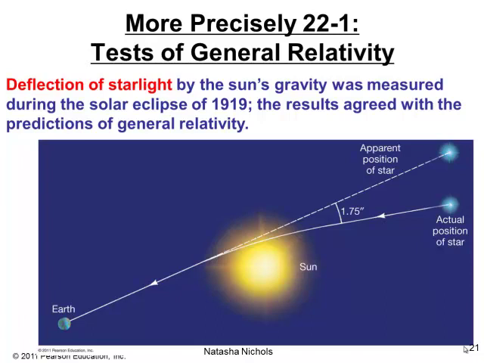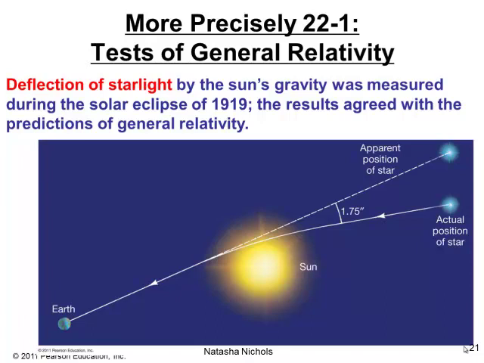Your book talks about a couple of tests of general relativity. This one took place during the solar eclipse of 1919. The deflection of starlight by the sun's gravity was measured then, and the results agreed with the predictions of general relativity.